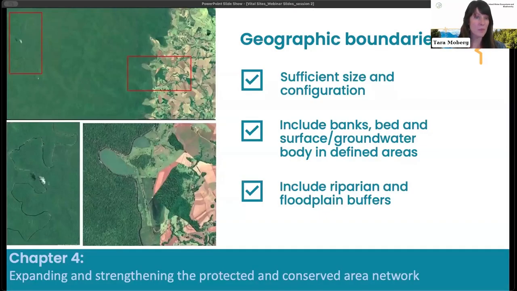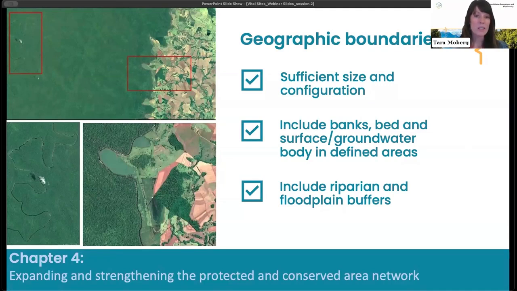So moving from the spatial planning scale, the landscape, seascape scale, down to a site-specific scale, once you've identified the places or areas that may be important to conserve and the objectives you're trying to meet in those places, it's important to ensure that the areas are defined with sufficient size and configuration to meet those objectives, recognizing that that will vary whether it's a complex of vernal pools or a river segment or a lake.